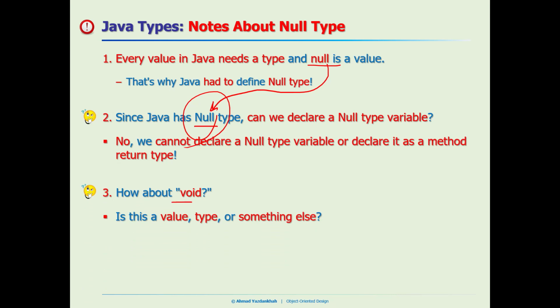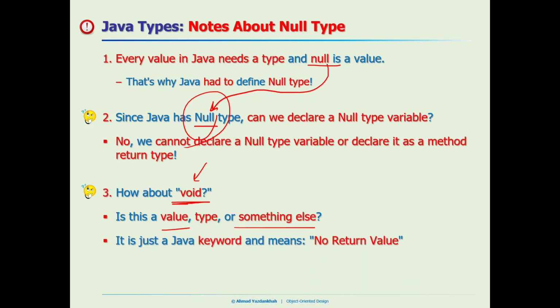We have a void that we can use as a return value. Is this a type? Is it a value, or is it something else? The point is that void is none of them. Actually, it's not a value, it's not a type, it's just a keyword. It means that there is no return value.